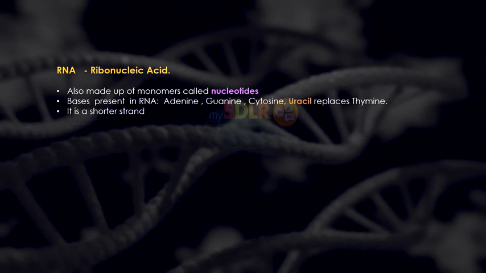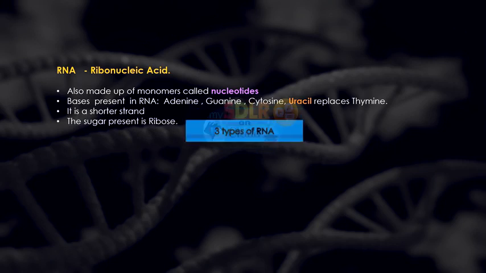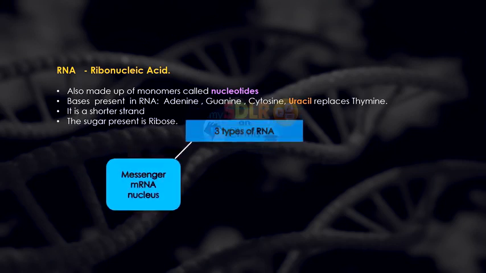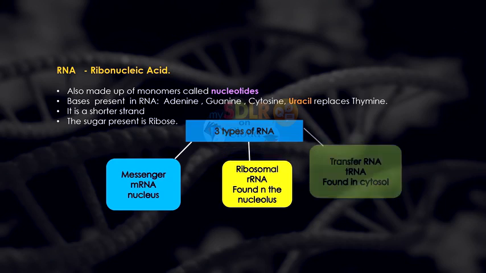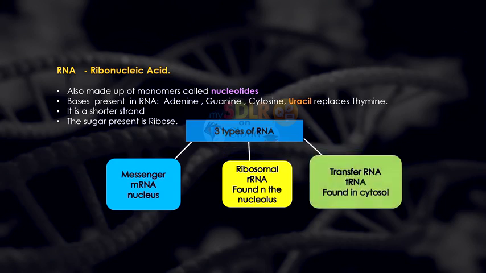Structurally, RNA is a shorter strand, and the sugar present in RNA is ribose. Three types of RNA can be identified: messenger RNA, symbolized mRNA, found in the nucleus; ribosomal RNA, symbolized rRNA, found in the nucleolus and at a ribosome; and transfer RNA, symbolized tRNA, found in the cytosol.